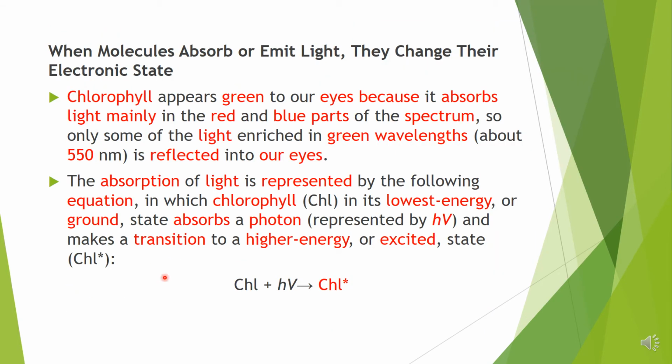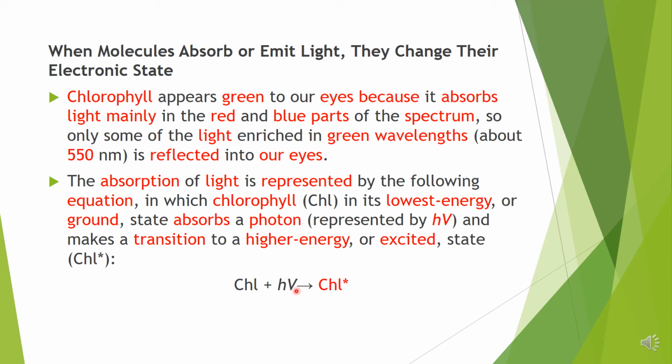Next, when molecules absorb or emit light, they change their electronic state. As we know, the light coming from the sun is either in the form of waves or in the form of particles. If it is in the form of particles, the particle is termed a photon. The photon carrying energy from the sun is represented by this equation.